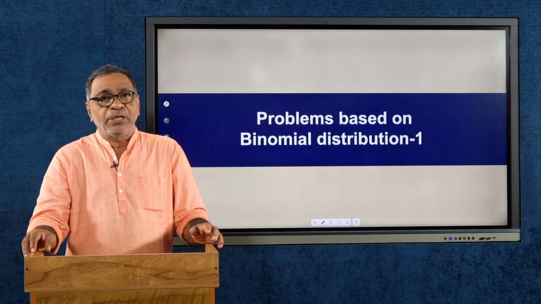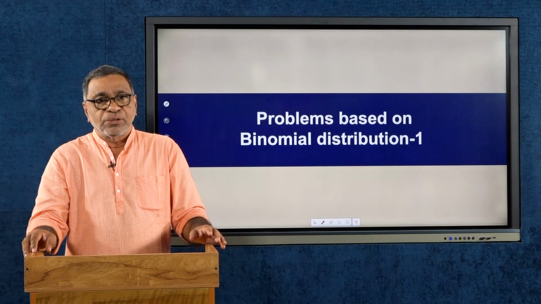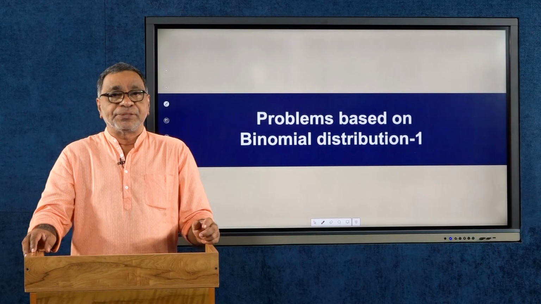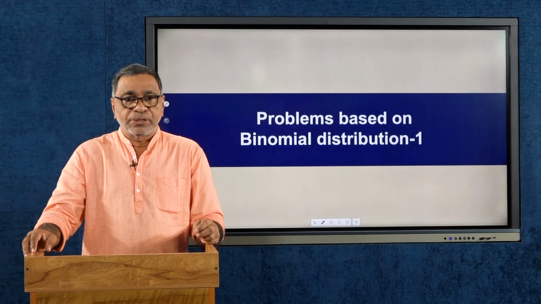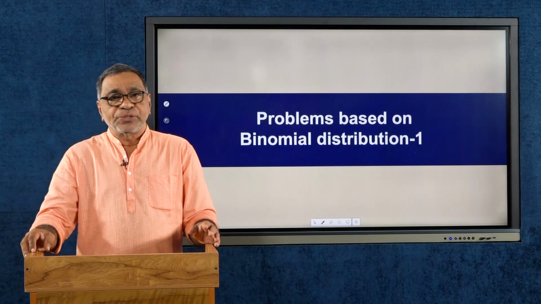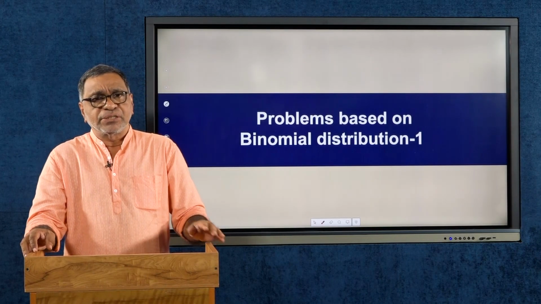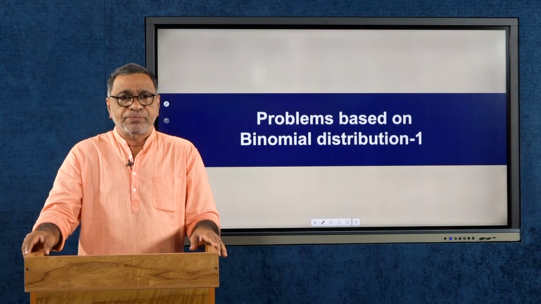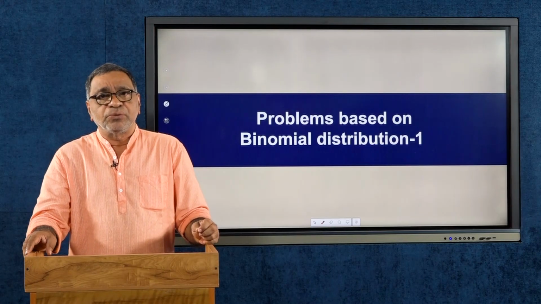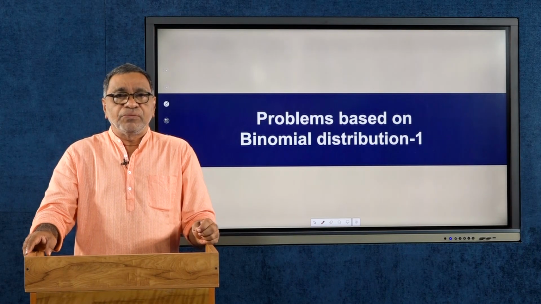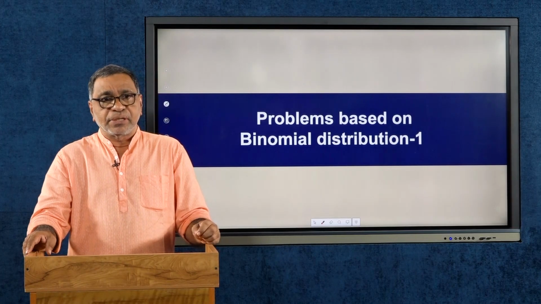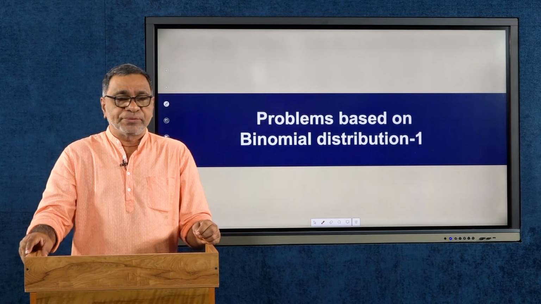Corresponding to each of these distributions, we have derived some important properties and identified its mean, variance, moment generating function, and some other characterization properties. Now, in this session, we are going to consider some numerical examples, that is, some practical problems.